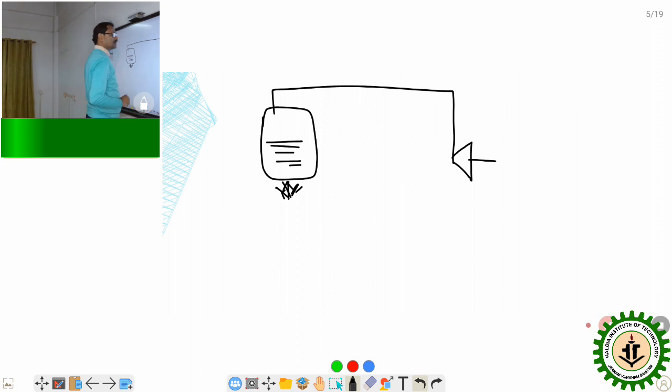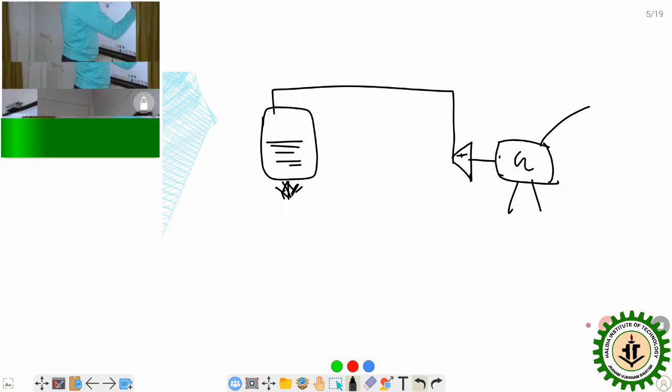This is called the steam turbine, and the turbine will rotate. This mechanical work done will be transformed into electrical energy through the generator. This is the generator, and this is the turbine.